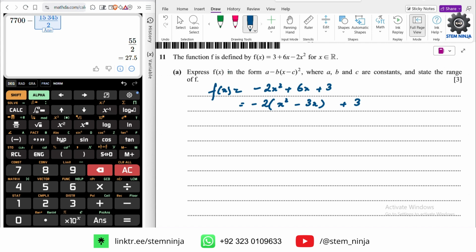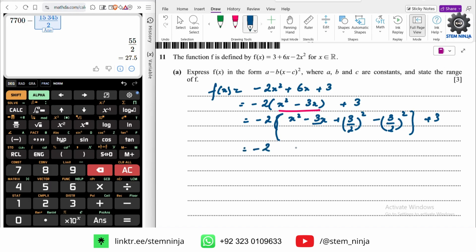Yes, okay, alright. Now this is the square that we need to complete. So minus 2 x squared minus 3x plus 3 over 2 whole squared minus 3 over 2 whole squared, plus 3.